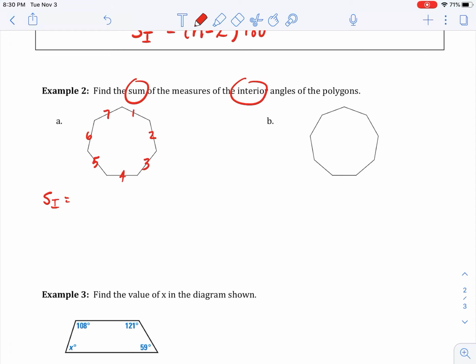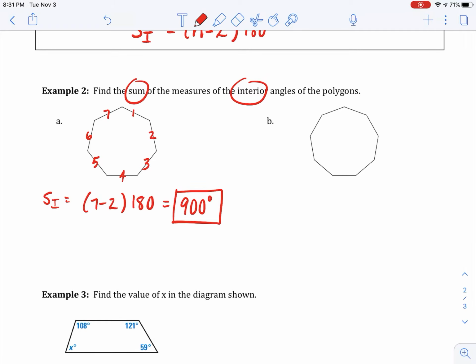This is a 7-sided figure, so I could make 5 triangles out of that 7-sided figure. So I would have 7 minus 2 times 180. And if you take that, 5 times 180 is going to give you 900. So in a 7-sided figure, you will have 900 degrees.